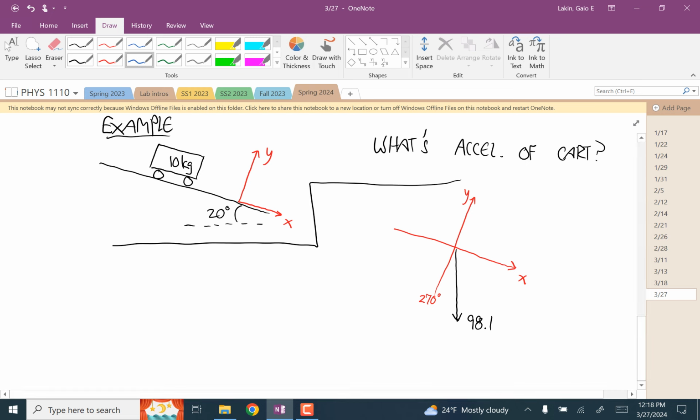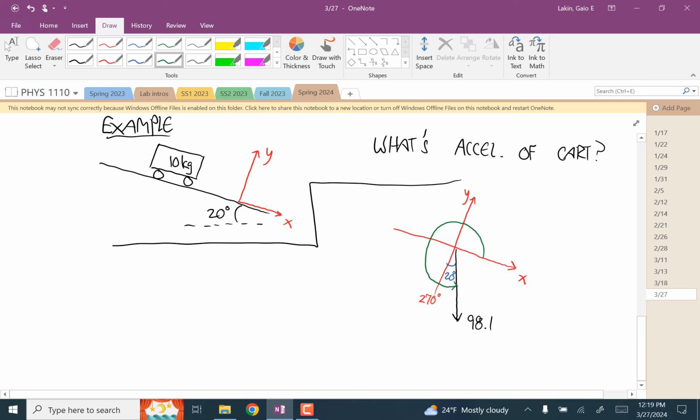So we know that this is going to be 20 degrees. So what's the angle that we want to use with cosine and sine to represent this? Well, in order to come up with the components of this, you start at the positive x-axis and go all the way around until you hit the vector.